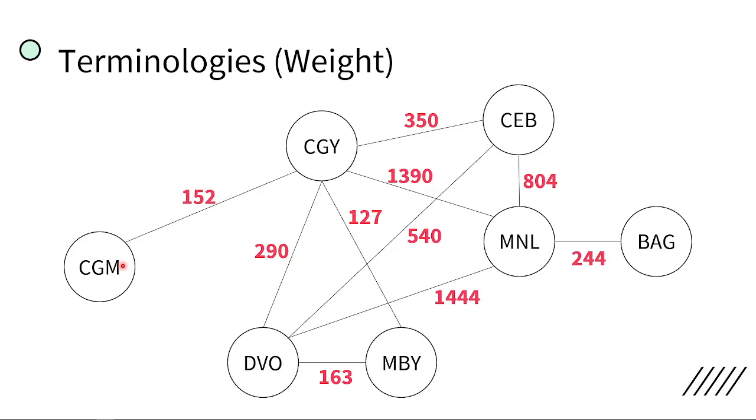For example, the cost of going from Camiguin to Cagayan de Oro is 152. The weight or cost if you go from Cagayan de Oro to Cebu is 350. The weight or cost if you go from Cagayan de Oro to Manila is 1,300.